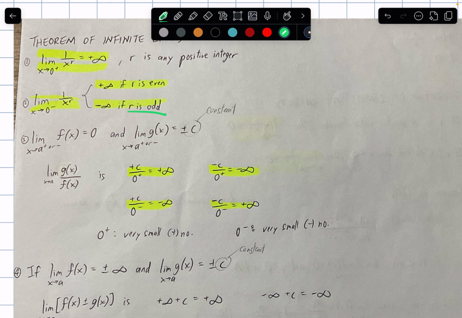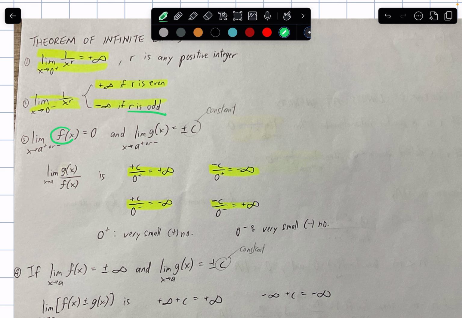So what about the third theorem? Let's say x approaches a from the right or the left, and the limit of f of x is equal to 0. What if we have the limit of g of x this time, either way, coming from the right or from the left, and it turns out that it is equal to a positive or negative constant.